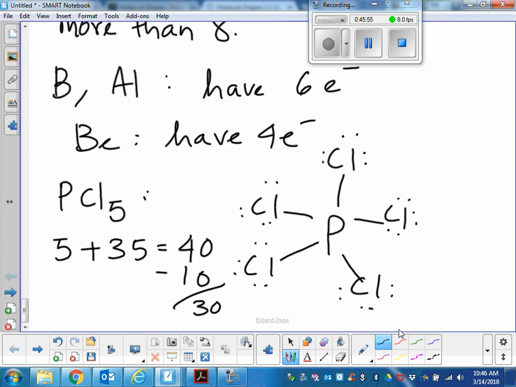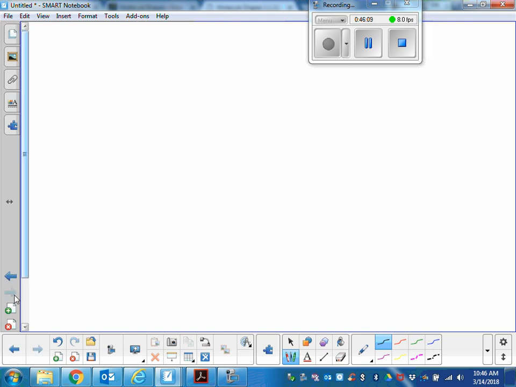So the question is now, what's the shape of the molecule? Oh, I can't extend the page anymore. I've extended it so much. Okay, so let's say this is the shape of the molecule. The central phosphorus will have 3 in a plane.